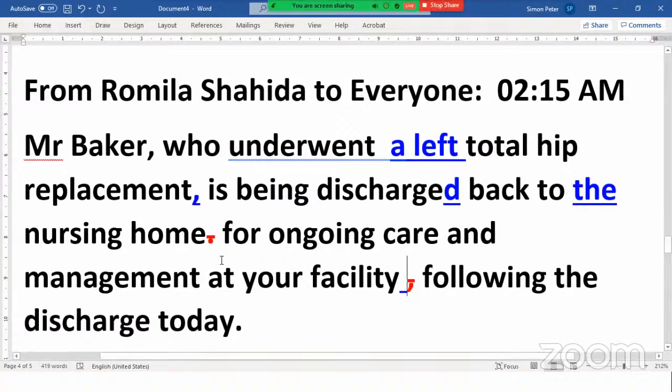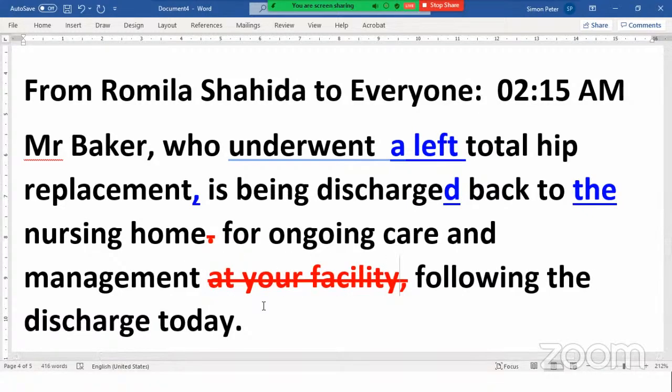At your facility is the nursing home. So no need. Same thing you are writing again. The nursing home is nothing but your facility. It is one and the same. So why are you repeating the same thing?